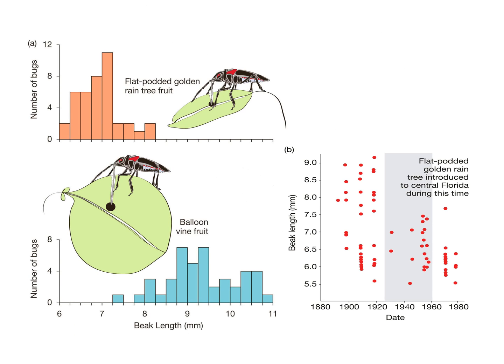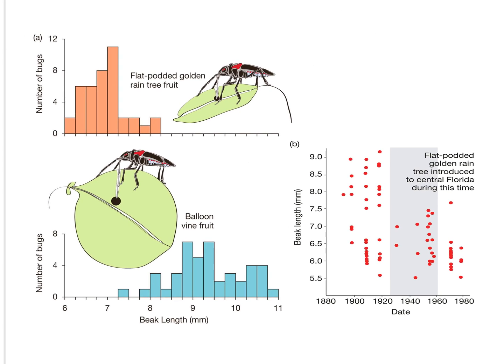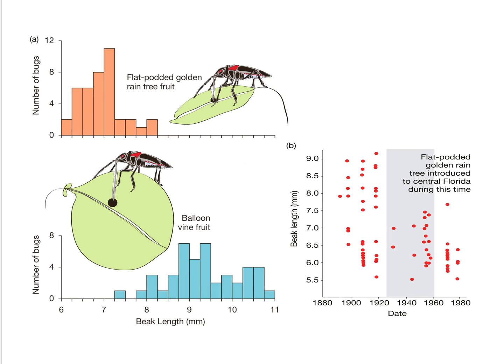Here's a real-life example of natural selection. Some organisms reproduce fast enough that within human history, you can see them change, and you can understand the selection pressures that resulted in those changes. So this is another kind of insect that's a true bug. It's in the order Hemiptera. This is in the genus Jadera. I think it's called haematoloma.